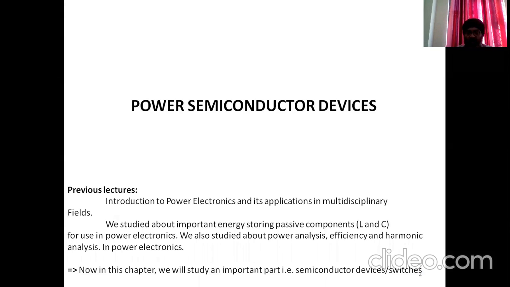And we have also studied how to do power analysis and harmonic analysis for efficient calculation of efficiency in any power electronic systems. So now in this part, we'll be talking about the semiconductor devices, which are used as switches in power electronic systems.